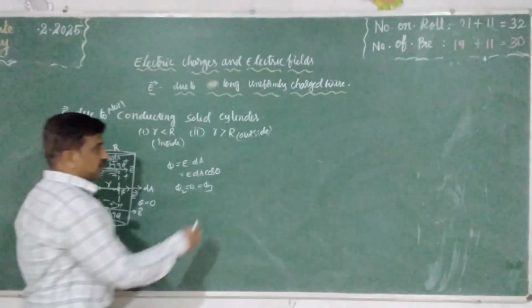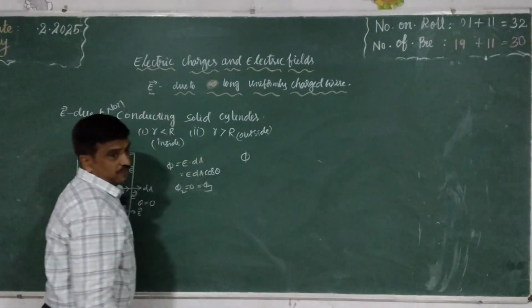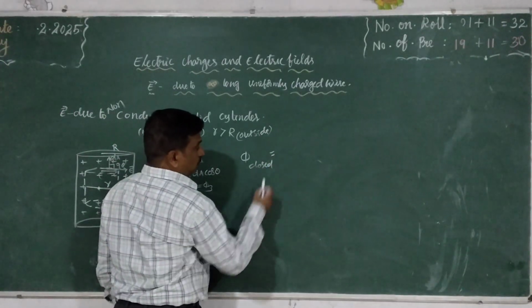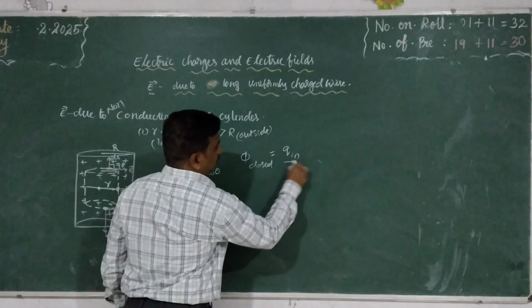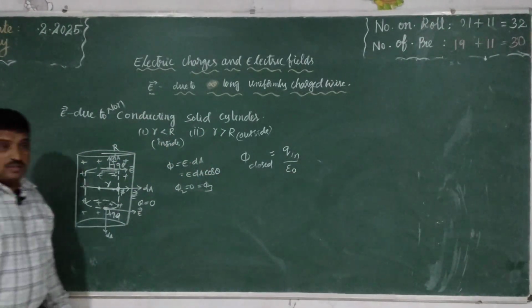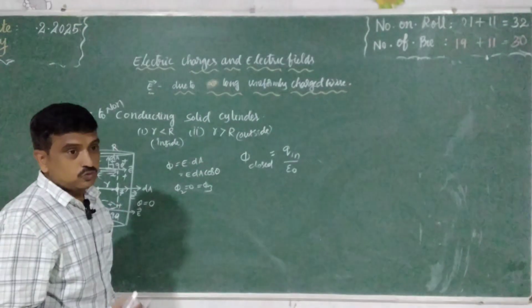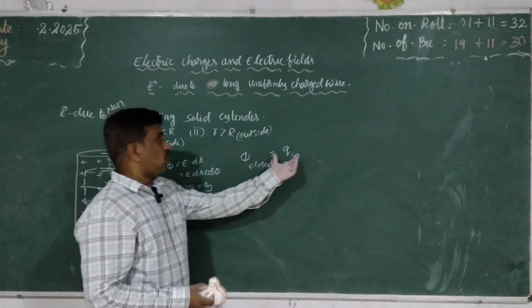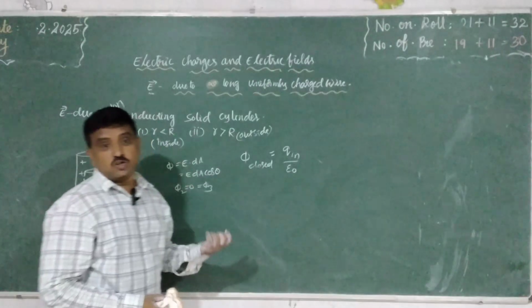What is the flux through a closed surface? It is equal to Q inside by epsilon naught. This is Gauss law. What is Gauss law? The net electric flux through a closed surface is 1 by epsilon naught times the net charge enclosed by the surface.